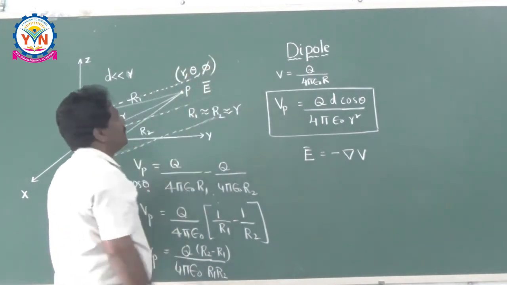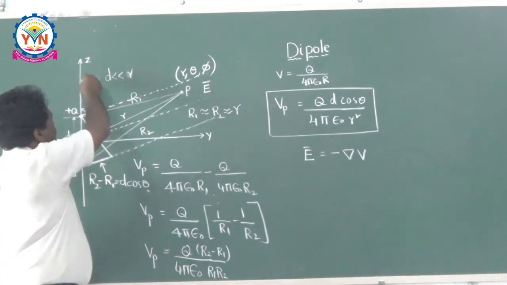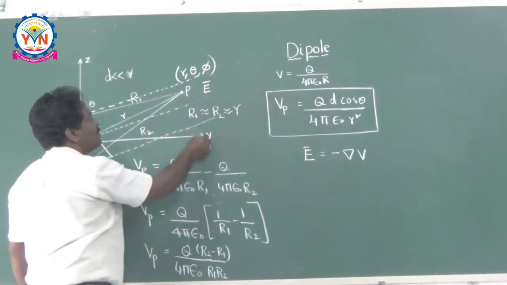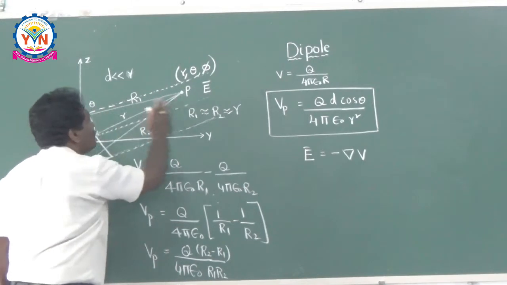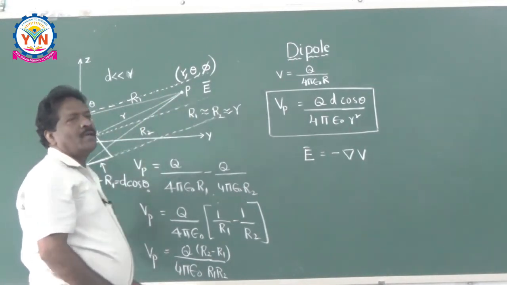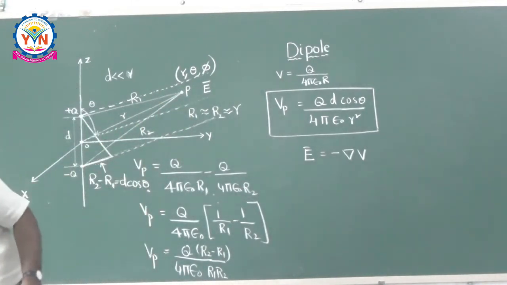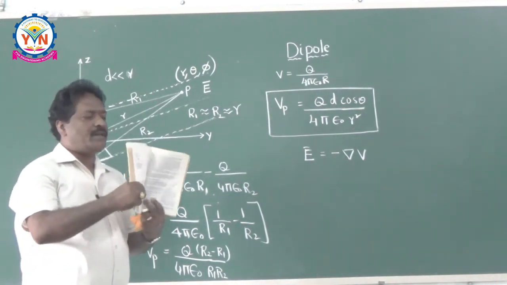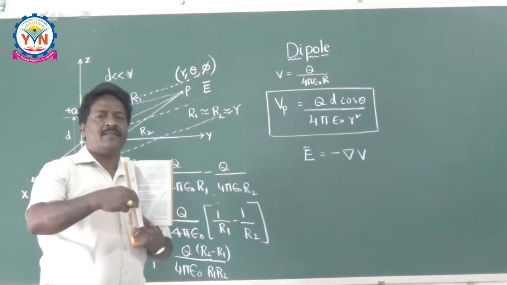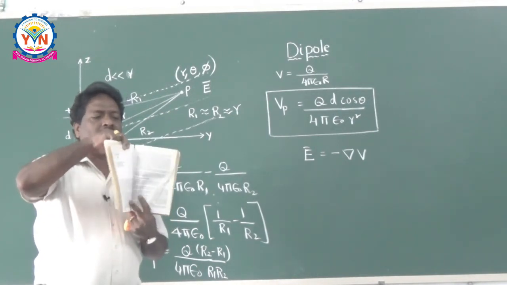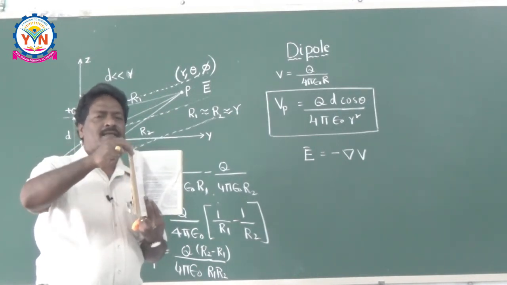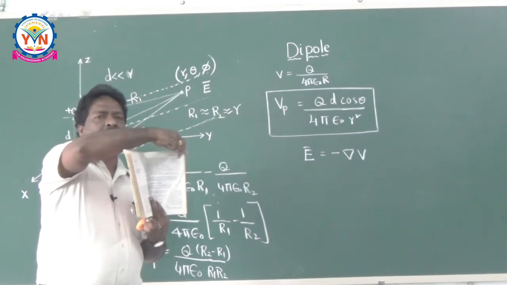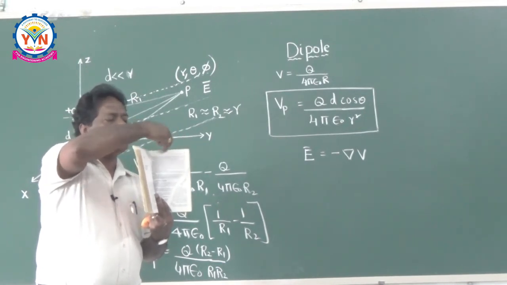But whereas I am taking the cylindrical coordinate system, this phi is equal to 90 degrees plane. So for example, if you take this, this is nothing but your x-axis. This is x-axis. This is y-axis. So this y-axis is nothing but your plane now.